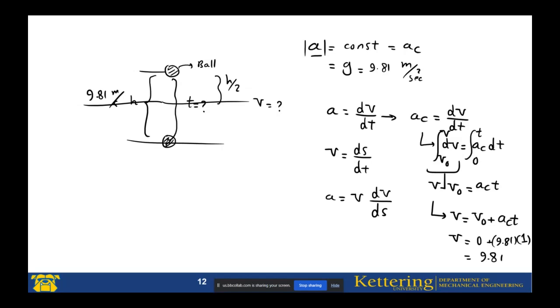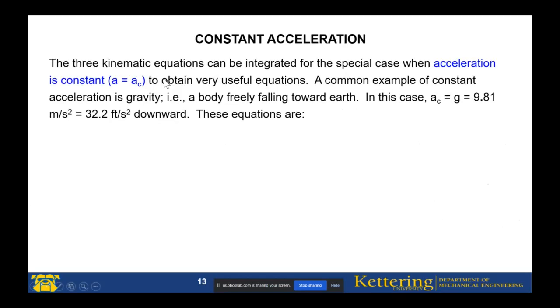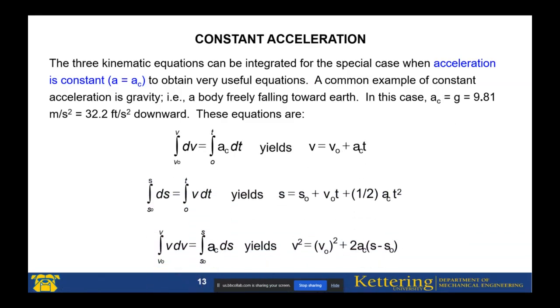Now for a special case with a constant acceleration, we can find these three equations. This one I found from the previous slide. Also, from this one, if you plug in velocity and find this integral, we can find this. And also, if you use the third equation, you can find this.